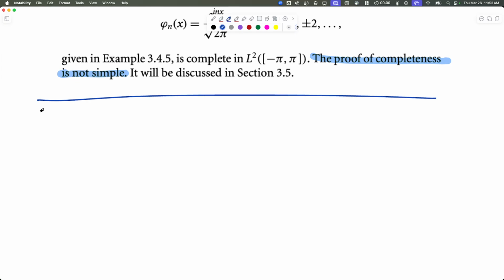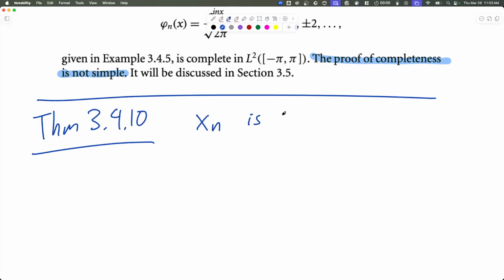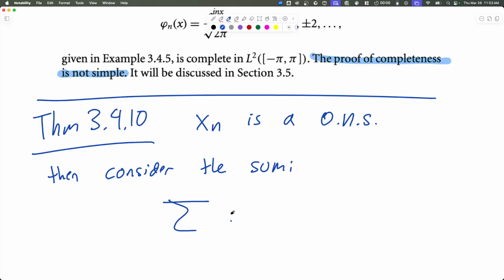Okay, so this is theorem 3.4.10. And it says, if you have an orthonormal system, Xn is an orthonormal system, we don't know it's complete yet, then consider the sum like this. So we're going to do the sum of alpha n times Xn, where alpha n in R are scalars.